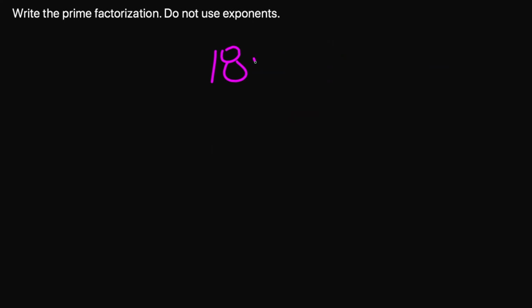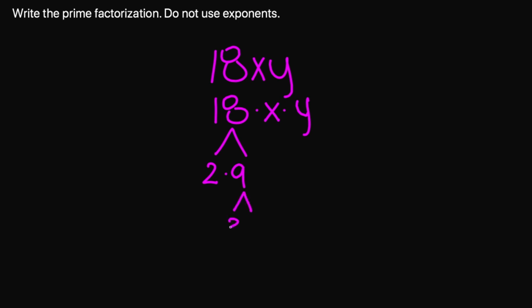What if we had 18xy? It's very similar to what we just did, except I have xy. I'm going to separate my 18 into 2 times 9, and then my 9 into 3 times 3. So your prime factorization is going to be 2 times 3 times 3 times x times y.